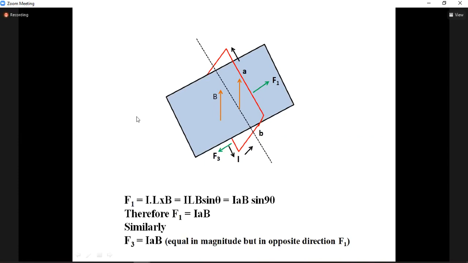Try to find out the magnetic field at lower, magnetic force at the lower end. So what would be the direction? F3, on the F3 side, on the bottom side.